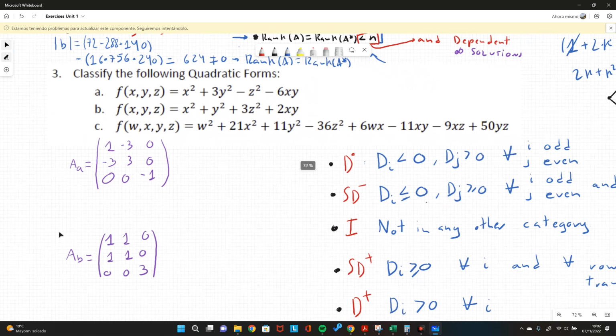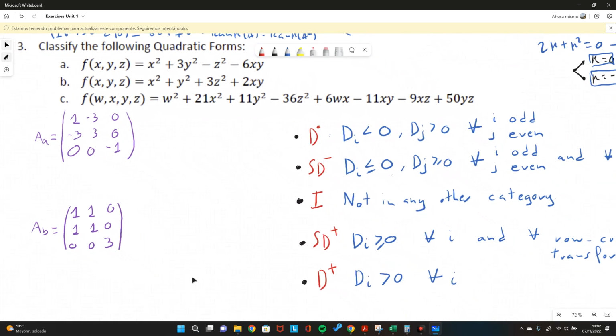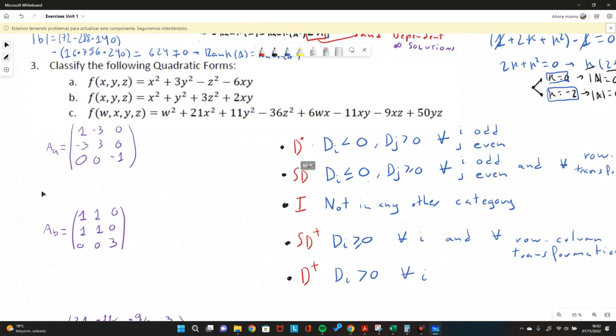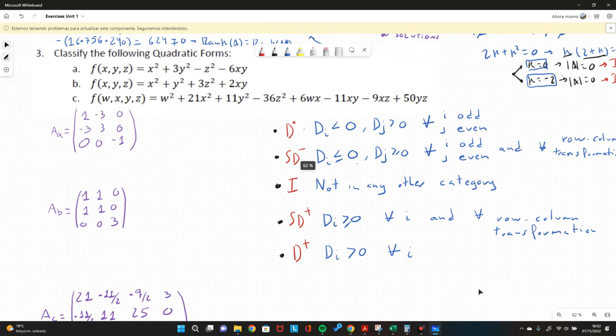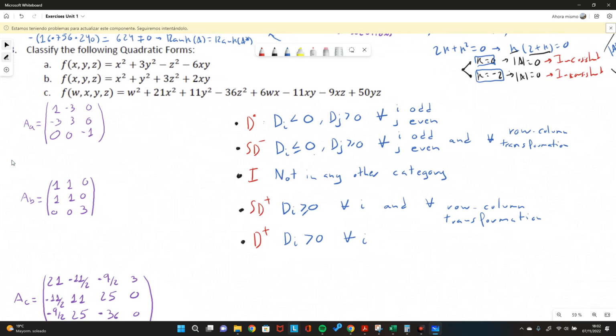Anyhow, the quadratic forms, even easier, okay? I wrote here also how to classify them, thinking about their principal minors, right? And remember, this is just to go through the classification. It will be indefinite if it doesn't fall under any other category. It will be negative definite if the principal minors alternate between negative and positive values. These I and J represent the sizes of those principal minors.